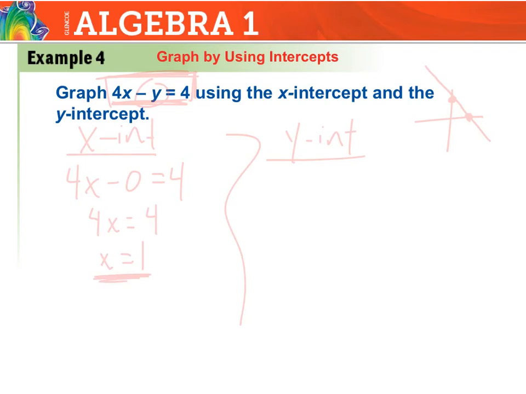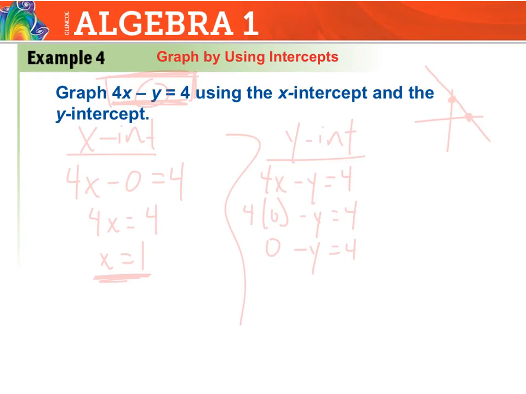Let's do the same thing with y. To find my y-intercept, I want you to replace x with 0. It was 4x minus y equals 4. Now it becomes 4 times 0 minus y equals 4. Well, 4 times 0 is 0. Minus y equals 4. My equation here is not solved for y yet.